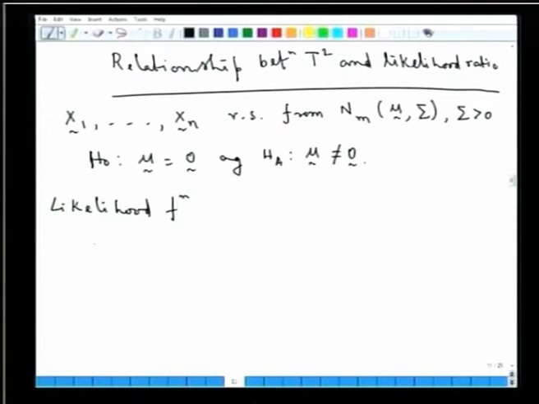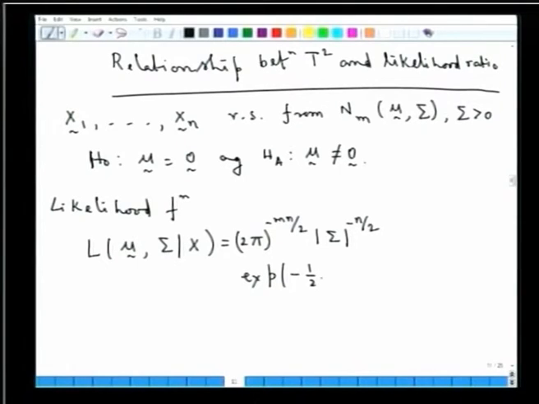So let us look at this likelihood function, L(mu, sigma), given x, where x is the matrix which contains x1, x2, up to xn. That is going to be given by, as we have seen earlier, (2 pi) to the power minus mn by 2, determinant of sigma to the power minus n by 2, then e to the power minus half trace of sigma inverse A minus n by 2 (x bar minus mu) transpose sigma inverse (x bar minus mu).